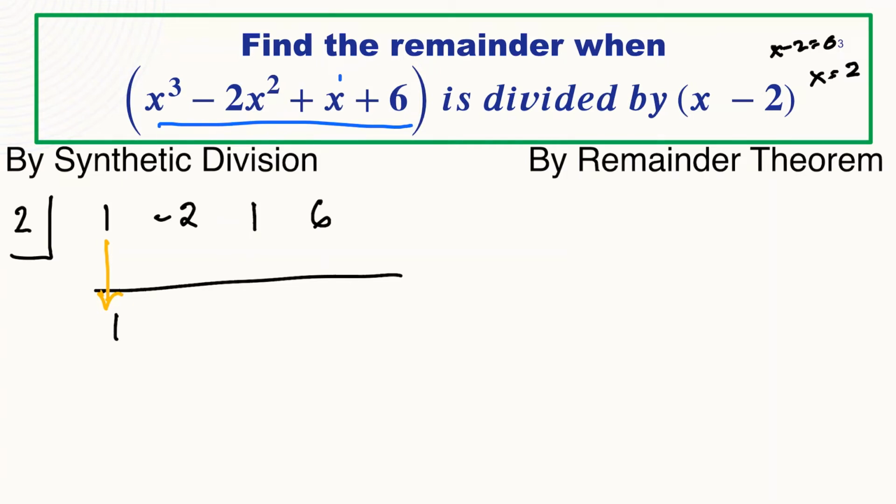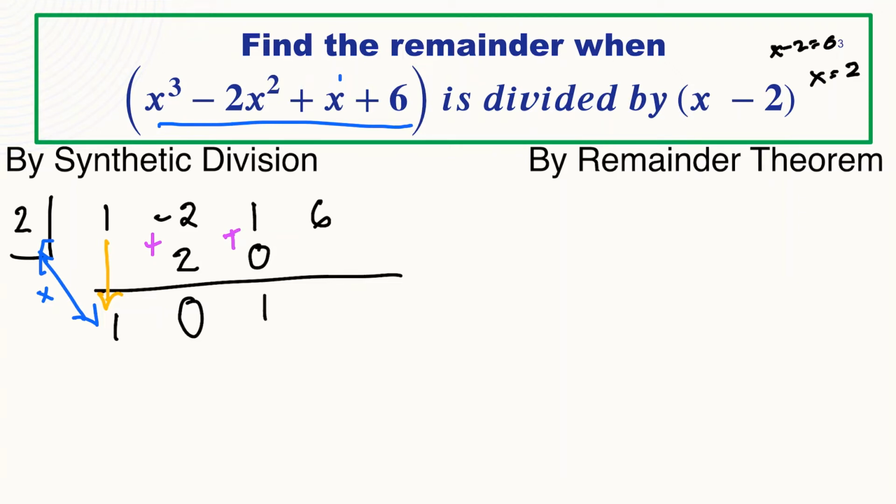The 1 times 2, you multiply that, that will give you, of course, positive 2. And negative 2 plus 2 is simply 0. And 0 multiplied by 2 will give us 0. So 1 plus 0 is simply 1.